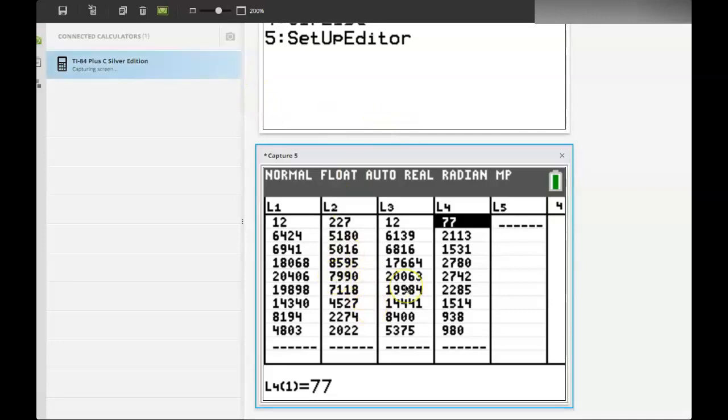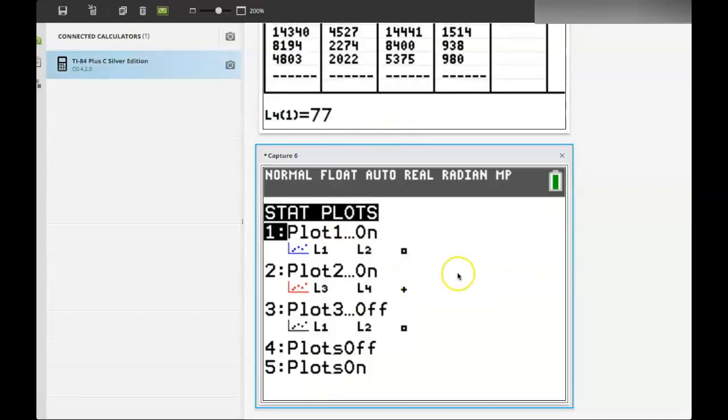You'll see the plot. Okay. Now we have two plots here. One for L1, L2. The other one I'm going to choose for L3, L4. So enter. Here after that, choose number 1, enter.